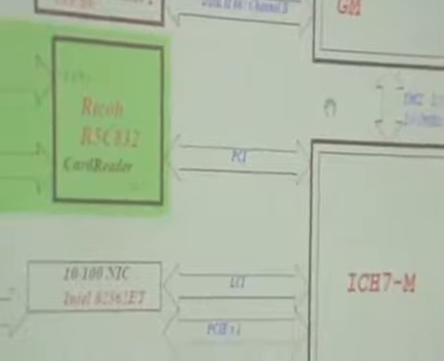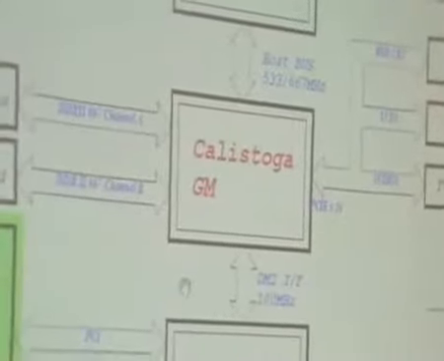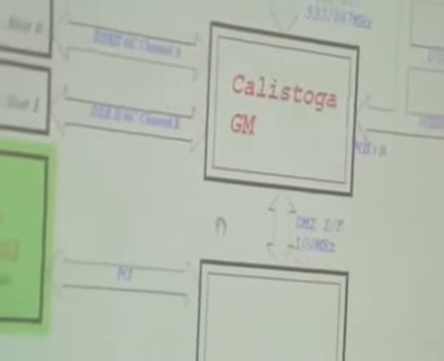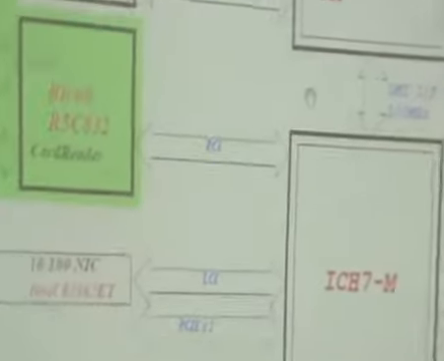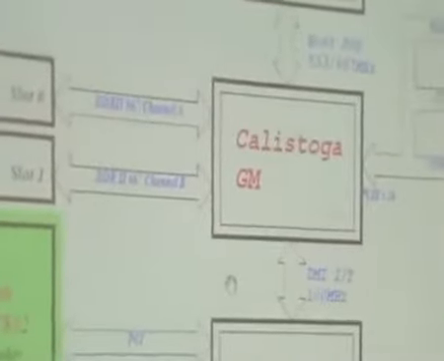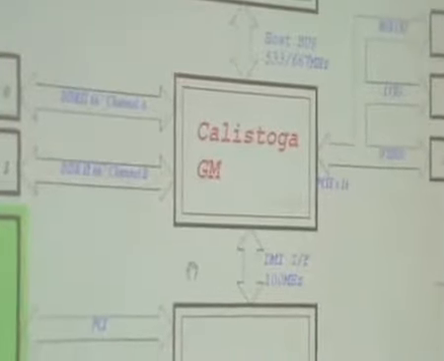You see PCI Express 16. 16 means 16 bit. This is PCI Express 1, which means 1 bit. So PCI Express 16 means 16 bit. And how do we implement this 16 bit onto your motherboard? Each bit is equivalent to 4 physical wires on your laptop motherboard.